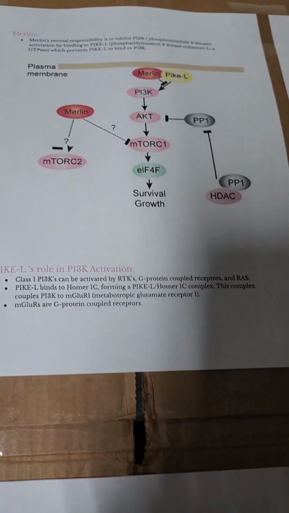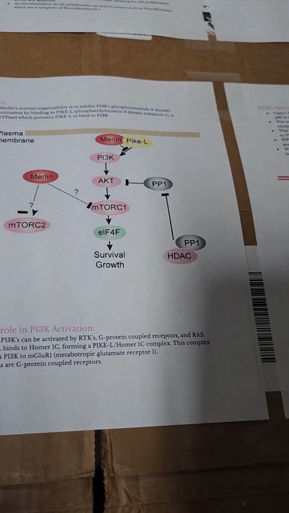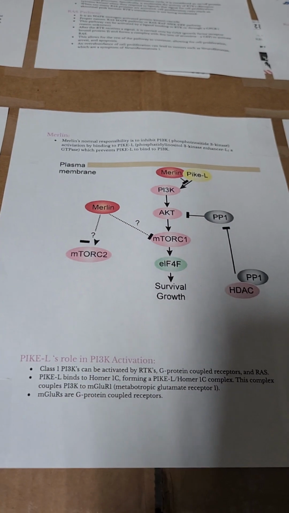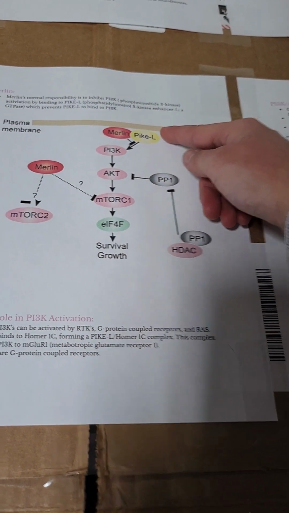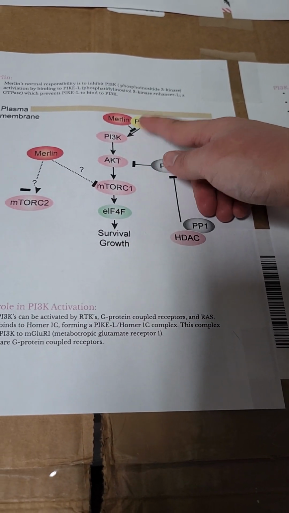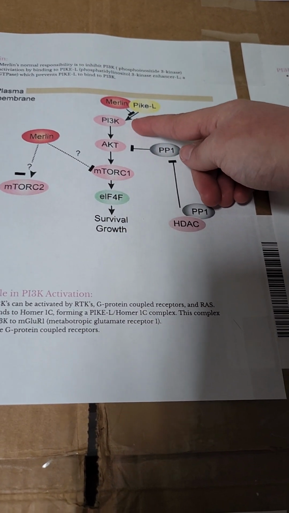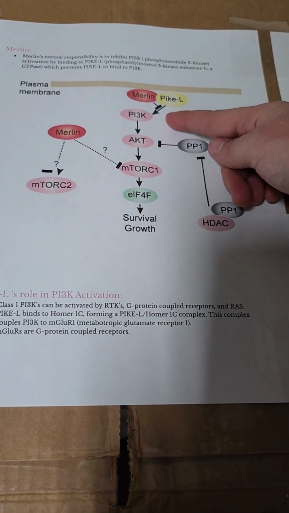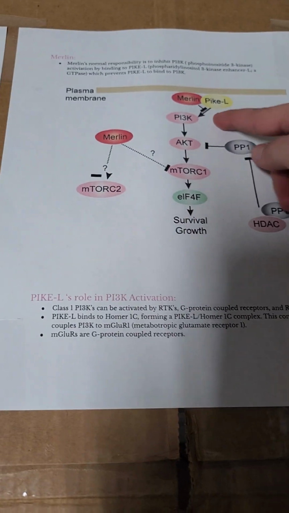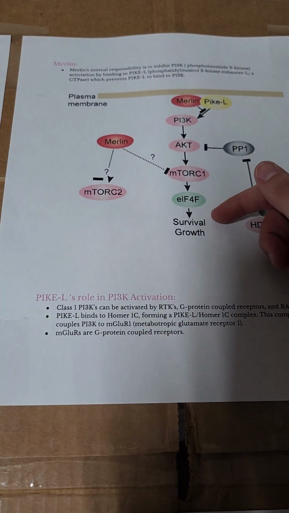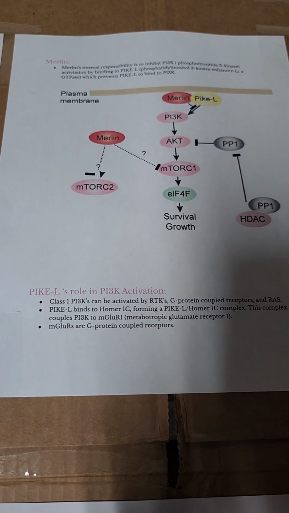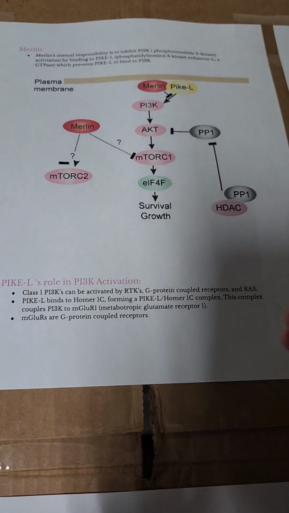I don't really know how to shorten that, so we're going to say PIC for now because that's what it looks like to me. Anyways, it inhibits this, which stops pike L from binding to PIC. And when PIC is not bound to, it is not activated, which means that this doesn't happen. So cell growth is turned off for that pathway.